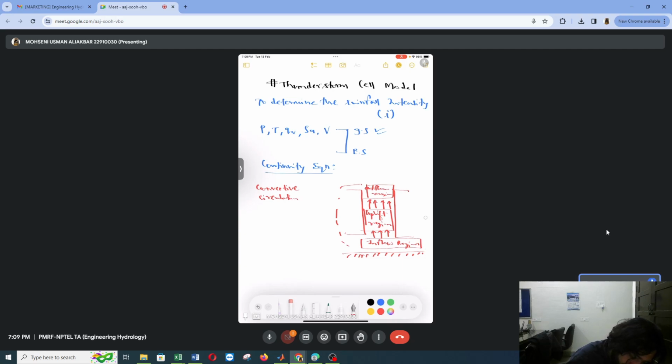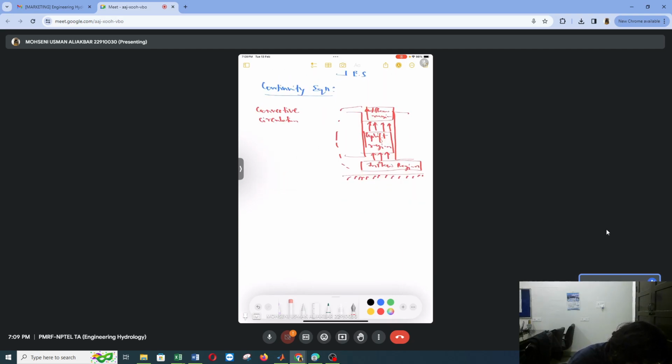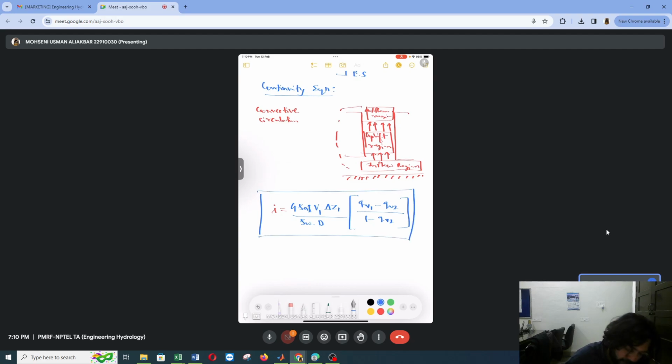The equation for rainfall intensity using the Reynolds transport theorem is small i equals 4 times dry intensity at 1 into wind velocity at 1 into delta Z1, divided by density of water into capital D into specific humidity of 1 minus specific humidity of 2, divided by 1 minus Q of 2. So this is the equation used to calculate the rainfall intensity using a thunderstorm model.